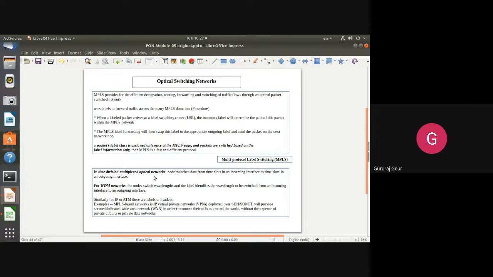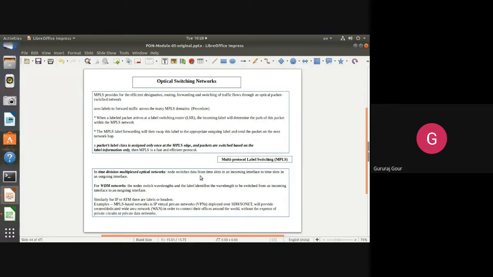I will take the help of two examples here to show how MPLS is going to work in TDM based optical networks, which consist of nodes. If you use MPLS there, it is concerned with switching the data from the incoming time slots to the outgoing time slots.